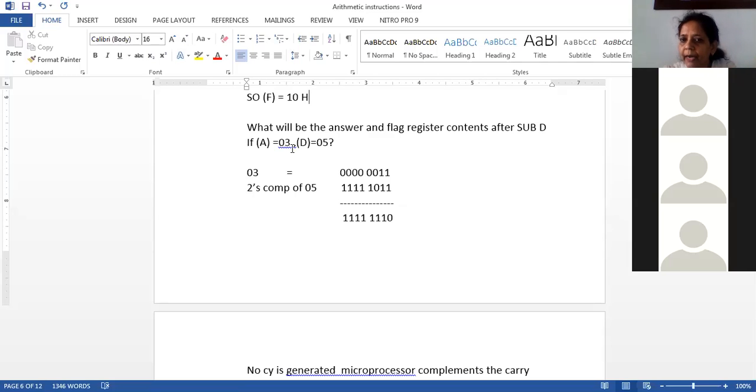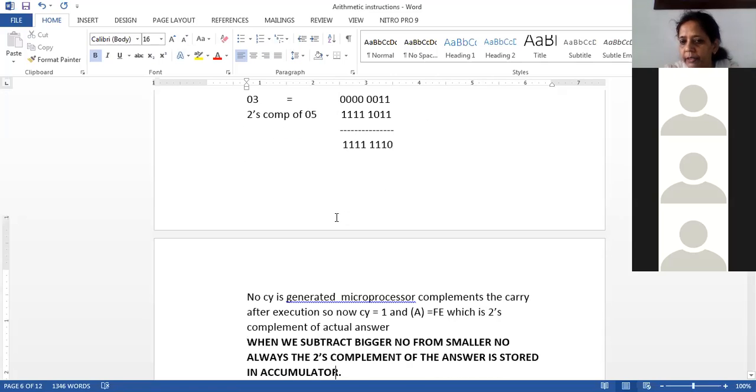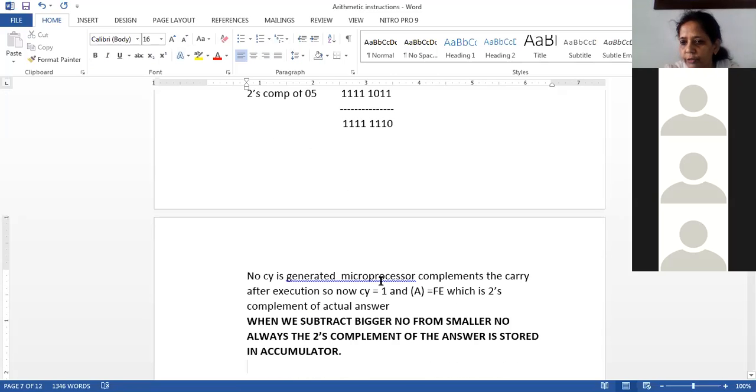But when I am subtracting the bigger number from the smaller number, I will get this answer in the accumulator instead of 02. Okay, and there was no carry. The microprocessor will complement the carry. So after execution, it will make the carry bit 1 and the accumulator will be FE, which is the 2's complement.